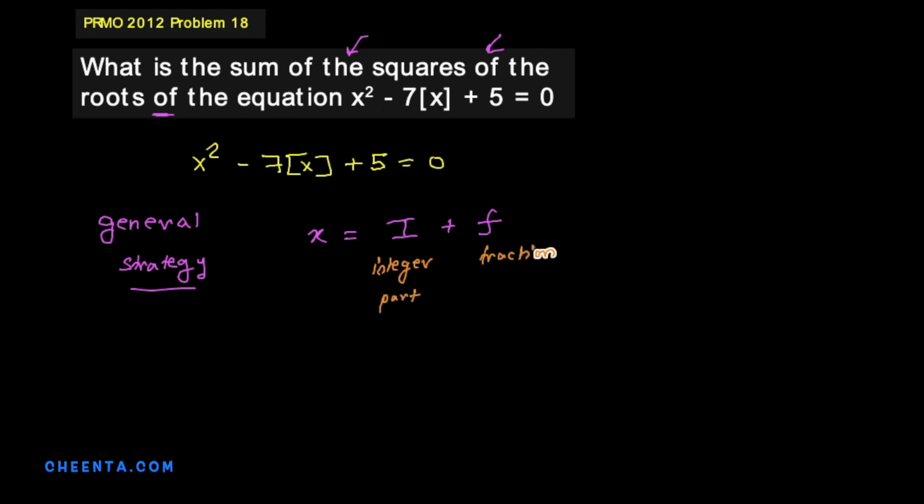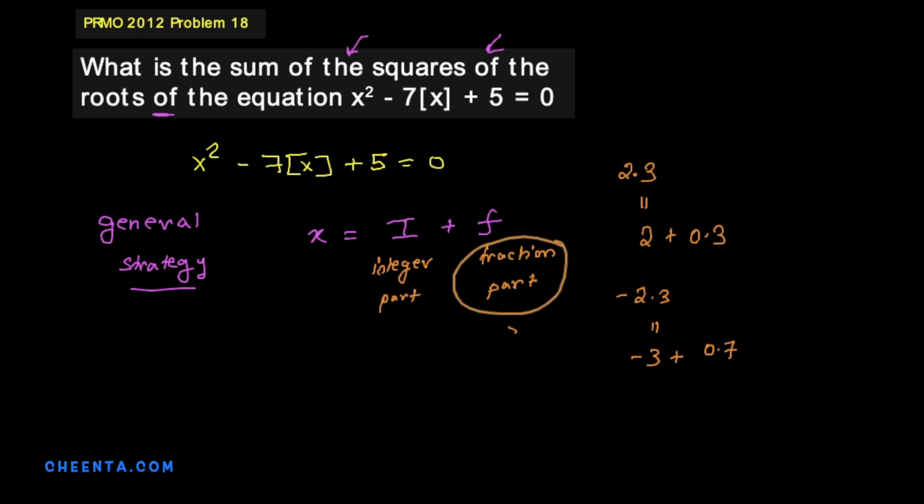So every number has an integer part and a fraction part, and in problems involving box of x, it is sometimes useful to write them down separately. In fact, let's write 2.3 as integer part plus fraction part, and negative 2.3 as integer part plus fraction part. So this fraction part is always greater than or equal to 0. That's how we style the number.